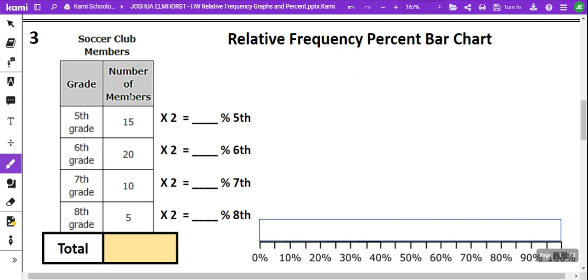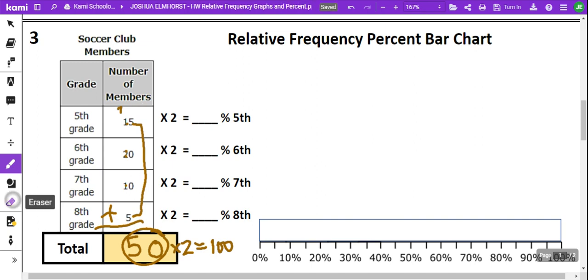So let's go ahead and add these up to find the total. So I have 5 and 5 is going to be 10, carry the 1. Then we have 1, 2, 3, 4, 5. So the total is 50. 50 works out nice because 50 times 2 equals 100.